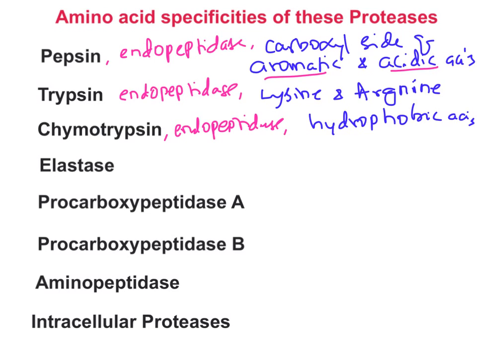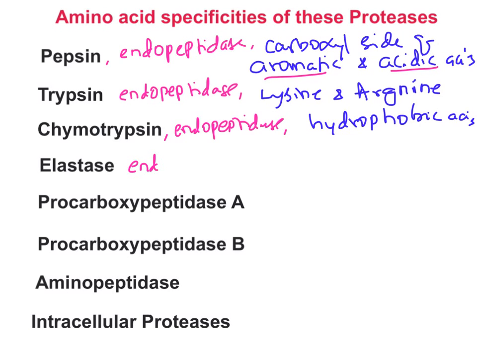So we have glycine, alanine, proline, and then we have branched chain amino acids, that is valine, leucine, isoleucine. We have methionine, phenylalanine, and to a certain extent tryptophan. All these are hydrophobic amino acids, and chymotrypsin is going to act on the carboxyl side of all these hydrophobic amino acids.